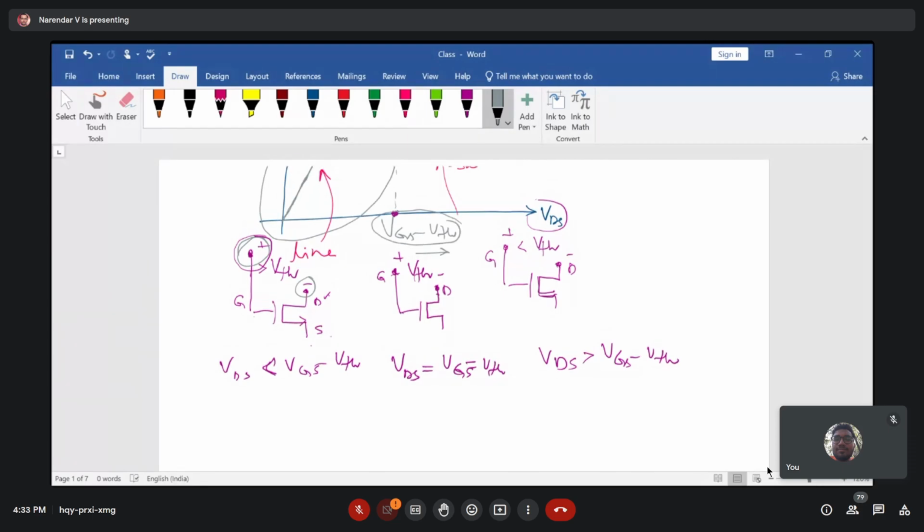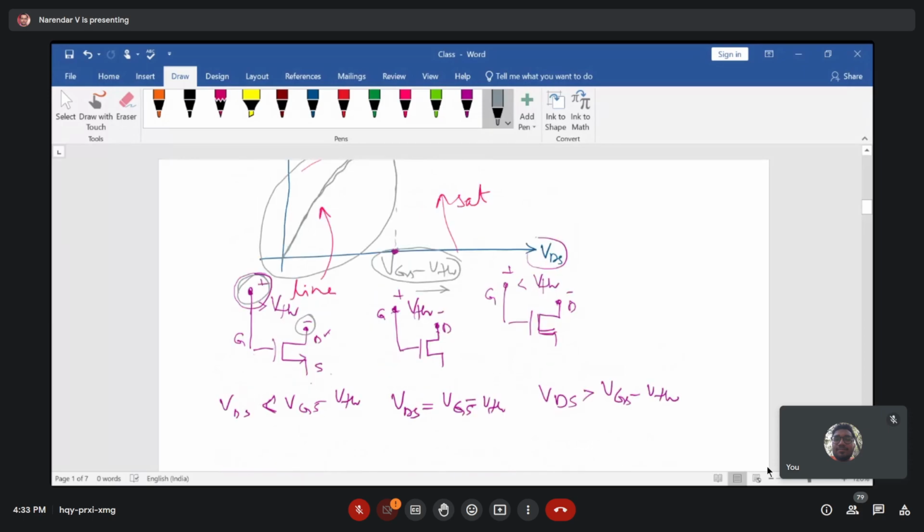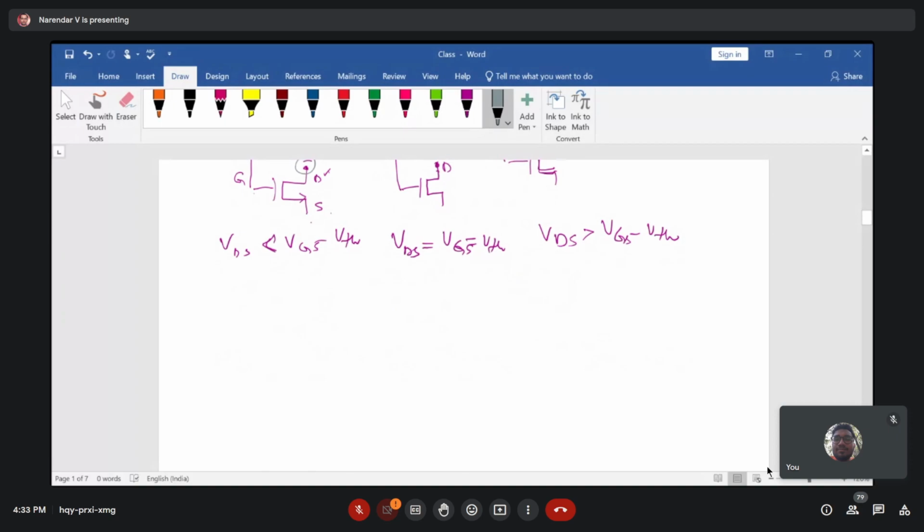Now, if we consider only the saturation region of operation, because we already discussed the linear, I can draw my MOS transistor here. It's an N-channel MOSFET. We apply the gate voltage to create the channel, and we have a drain voltage to make the device operate in the saturation region.